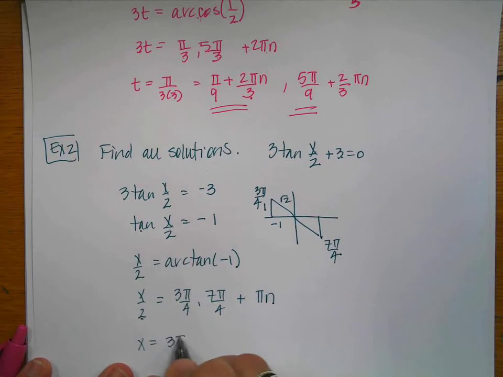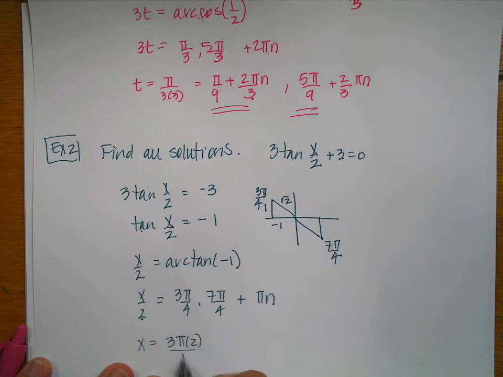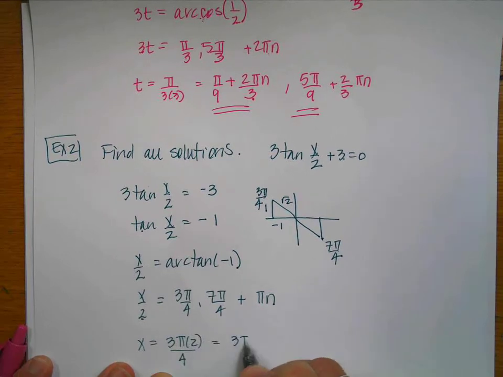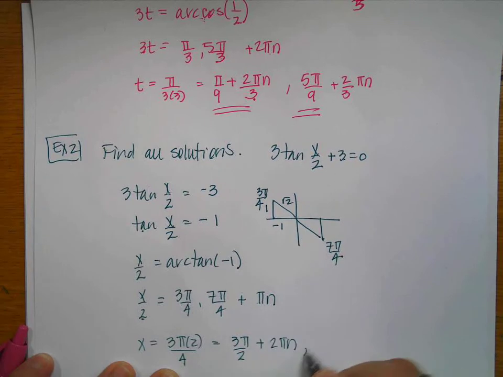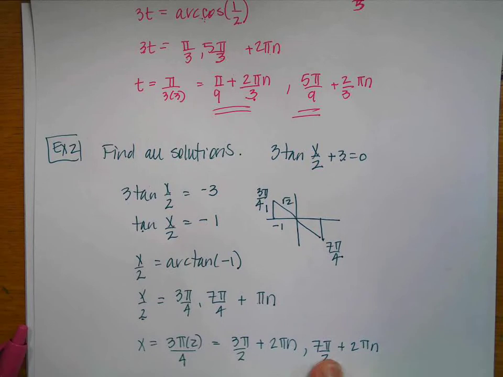So x is going to equal 3 pi times 2 over 4, which is 3 pi over 2, plus, remember I also multiply this by 2, 2 pi n, and then my other one's going to be 7 pi over 2 plus 2 pi n. And those would be my two solutions. So it's actually kind of an interesting way to solve an algebra problem.